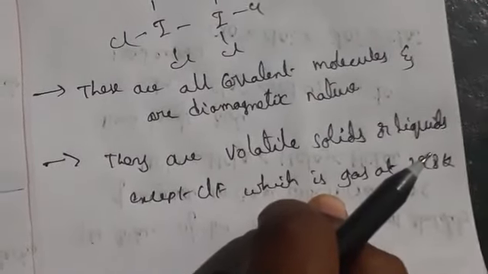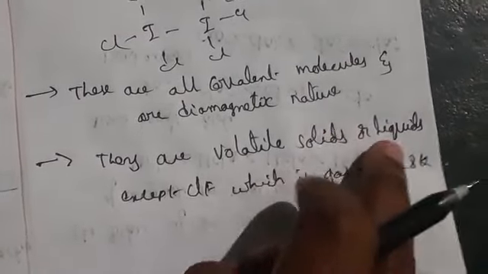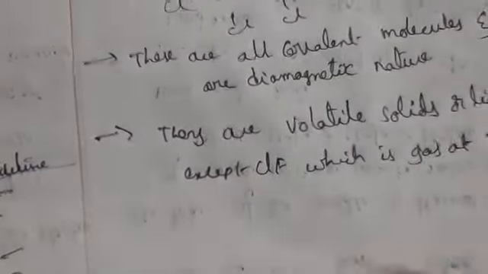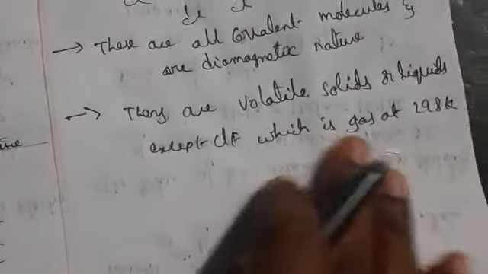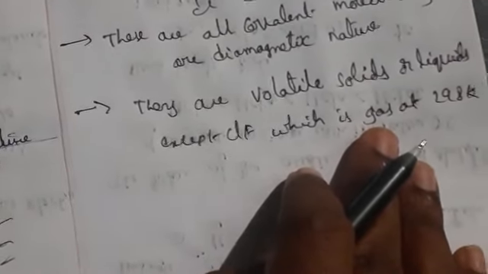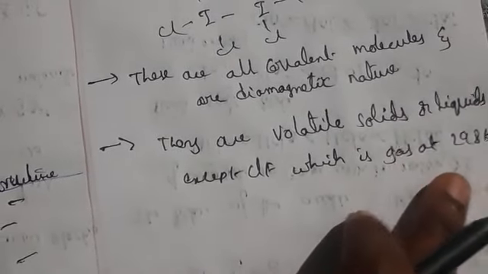Those types of compounds we call volatile solids, except ClF. Why? Because ClF is a gas, so it is not a volatile compound. The remaining interhalogens will be volatile compounds.